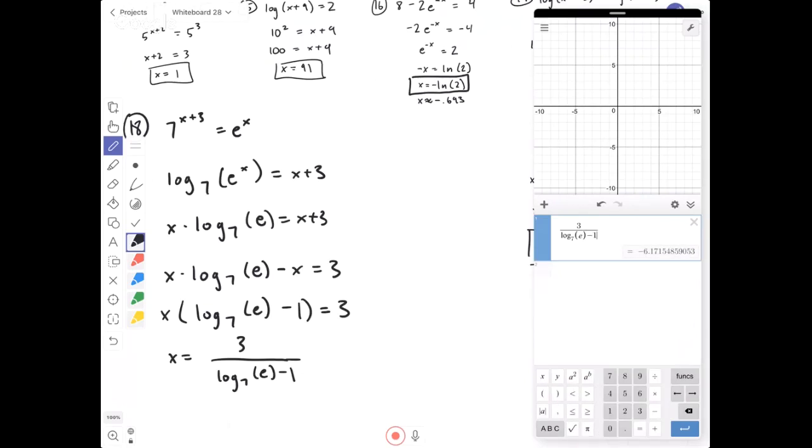Negative 6.17. x is approximately negative 6.172.